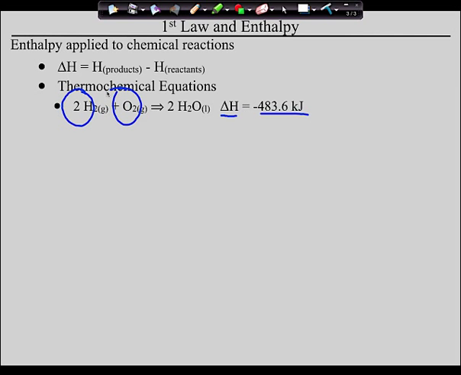Now, what if we've got 4 moles of hydrogen and 2 moles of oxygen? Double it. Guys, it's important that you understand that these energy values are for the reaction as written. So 2 moles of this, 1 mole of that, 480 kilojoules of energy come out. These are always as written. Now guys, here's an interesting follow-up question.